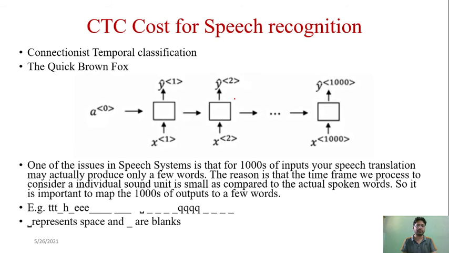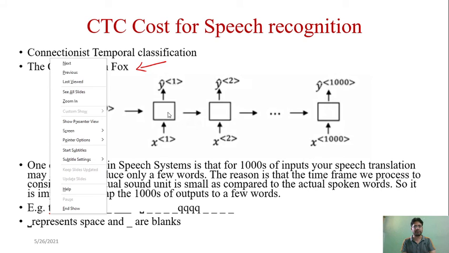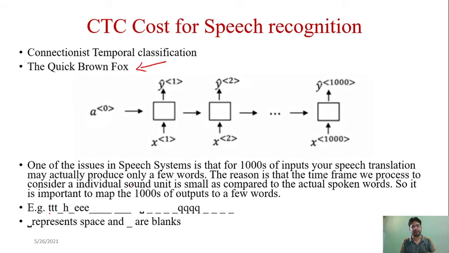Suppose it is taking 1000 microseconds of input and producing one output. Let's say we have the sentence "the quick brown fox". It will take T as one output, then the next 1000 microseconds it produces another T, then the next another T, and then H, then E, and so on.